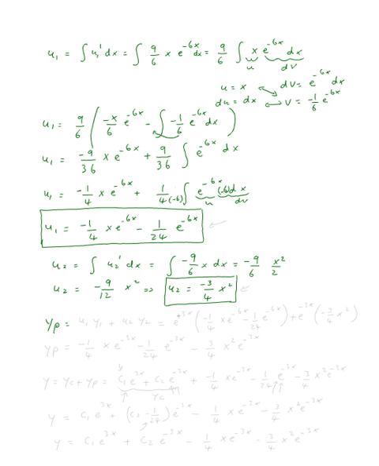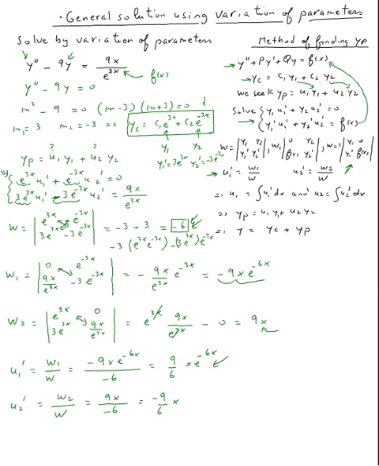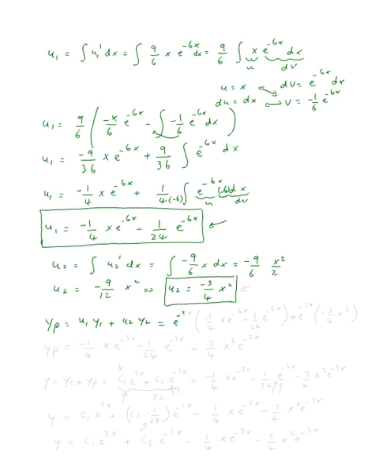yp we said is equal to u1 y1 plus u2 y2. So u1 is right here, and then y2. What is y2? y2 is e^(-3x). So I'm going to multiply e^(-3x) by u1.